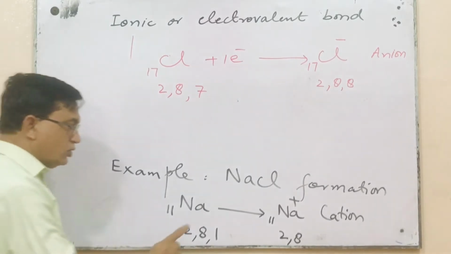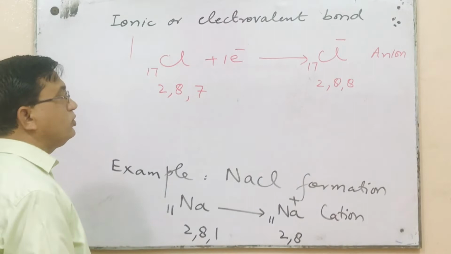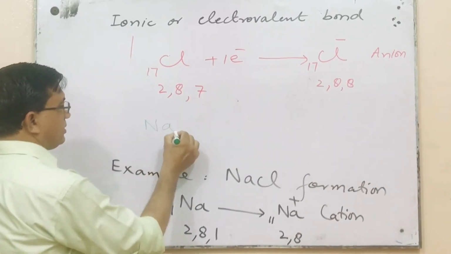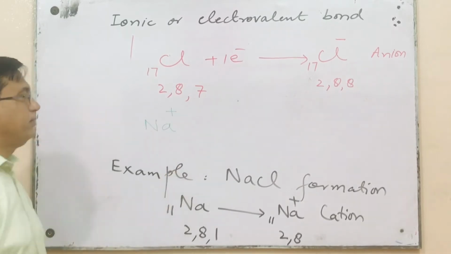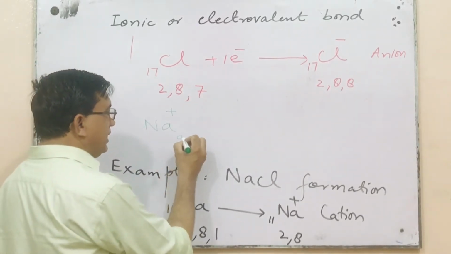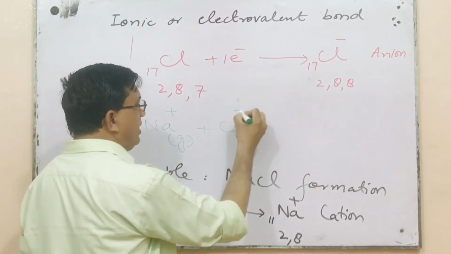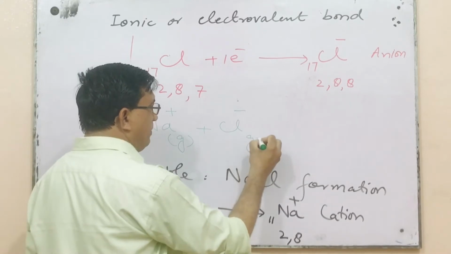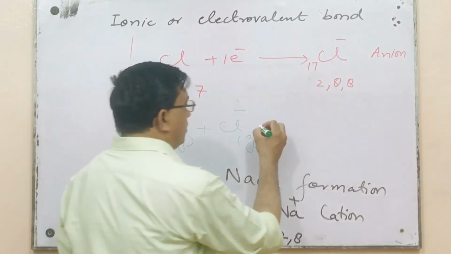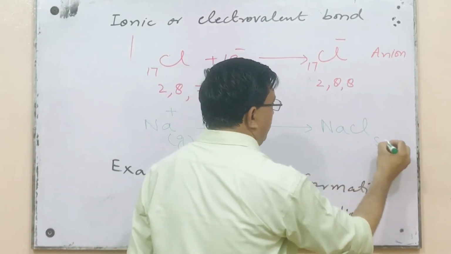Now, the electrostatic force of attraction between this sodium ion, which will be present in the gaseous state definitely, and chloride ion, which will also be present in the gaseous state. Now, NaCl solid will form.